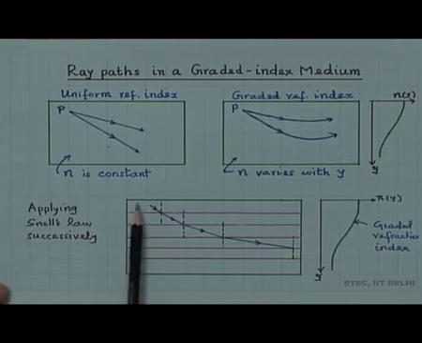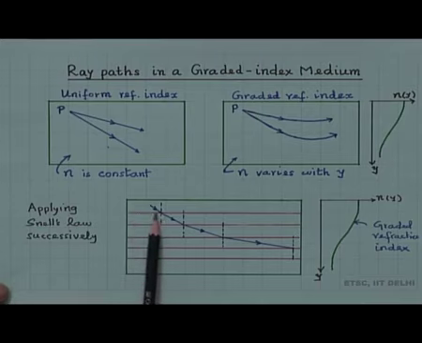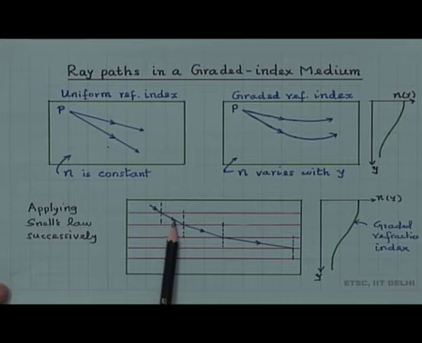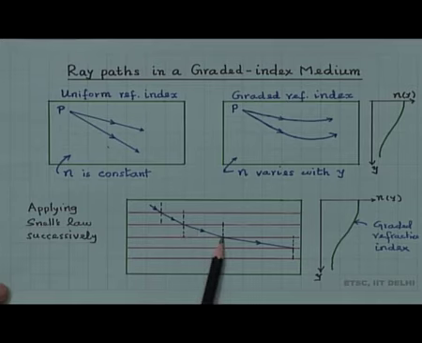We can show that a ray entering here satisfies Snell's law. So, it bends away from the normal because this medium is of lower refractive index. Again it bends away from the normal.